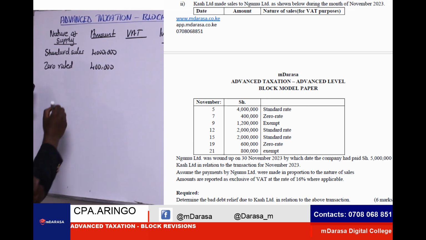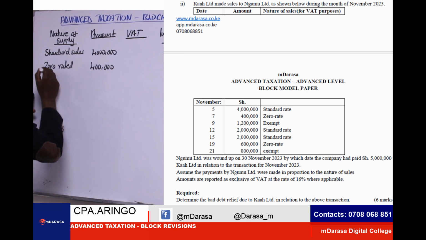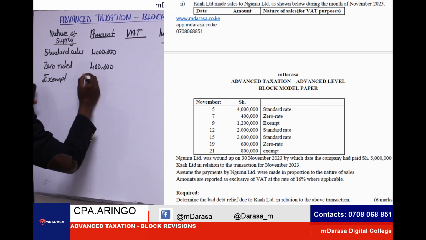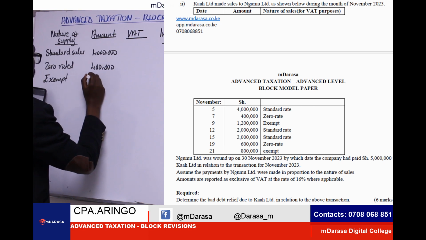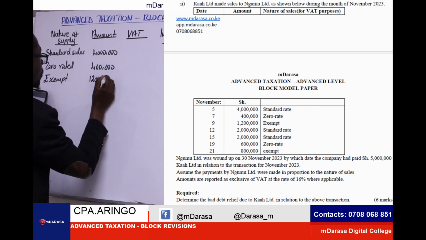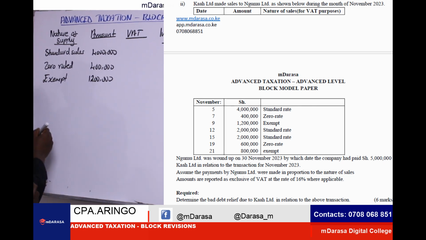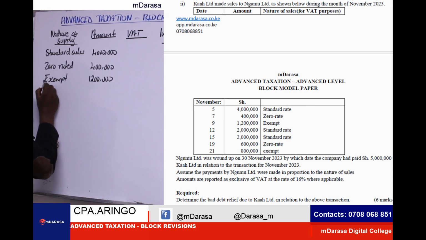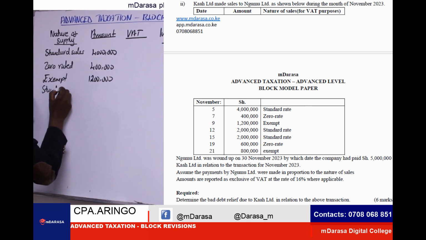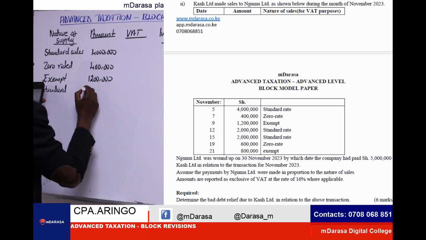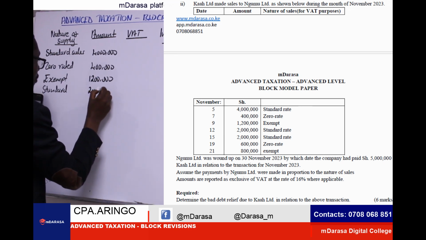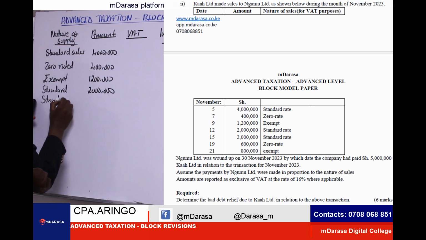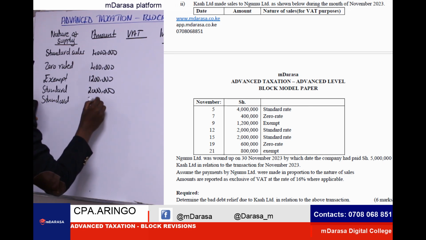We have exempt sales, you're given 1.2 million. We are also given standard sales again, 2 million.